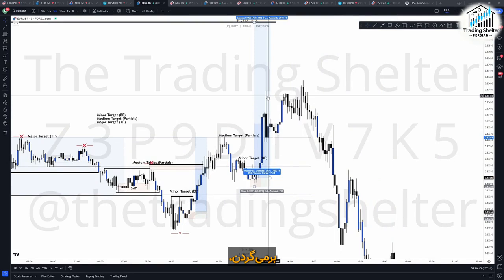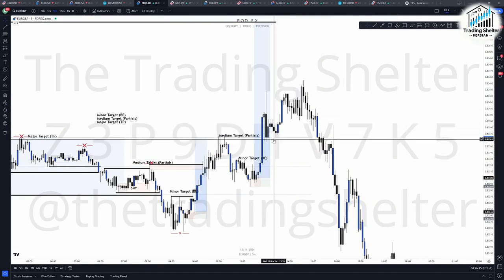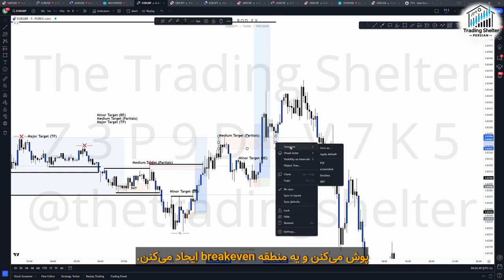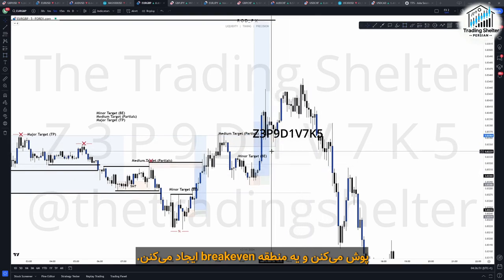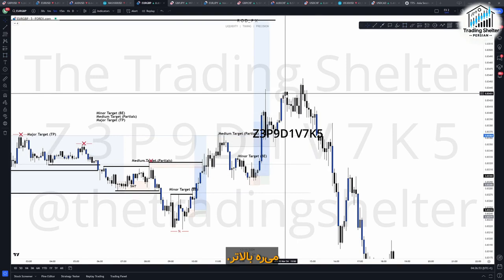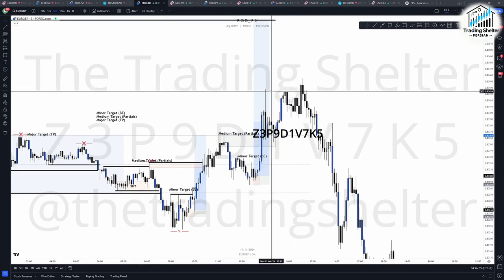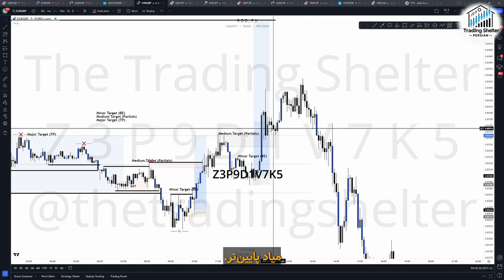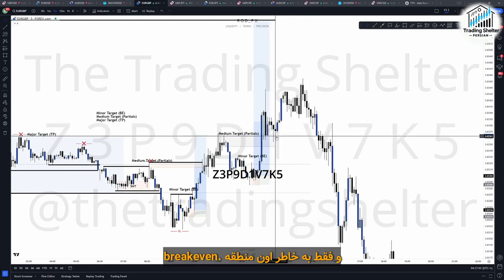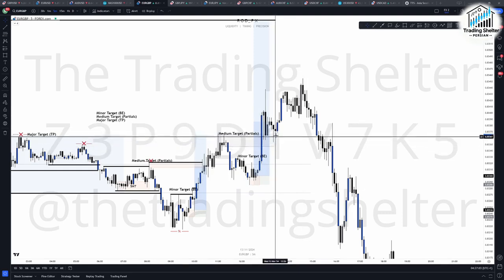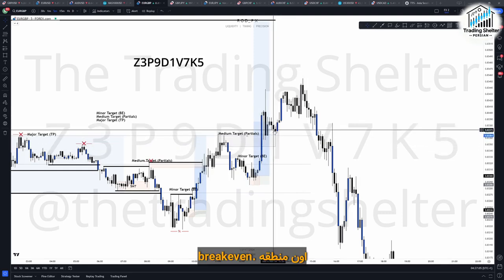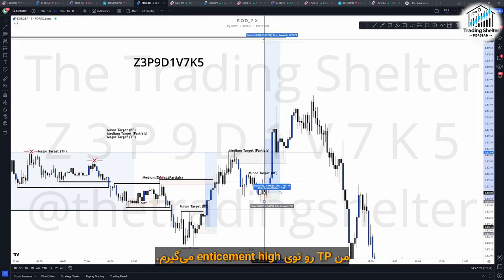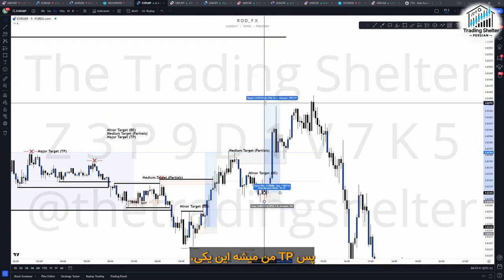They come back, they push, and they create a break and retest zone, pushing higher, not taking this high, going lower. Just because of that break and retest, I will be TPing at the enticement high, so my TP would become this one.